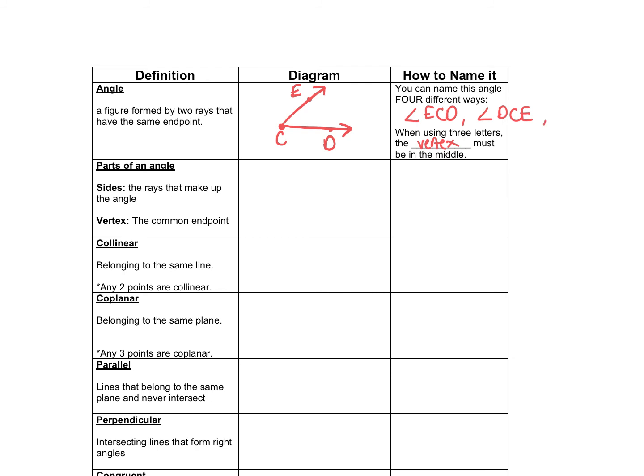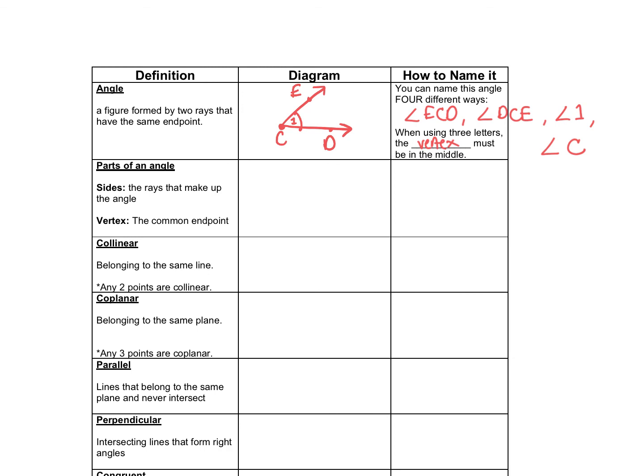A lot of times we also name angles with numbers. So I could also call this angle 1 if I put that number in there. And the last way that I can name this angle is by its vertex only. So this could also be called angle C.